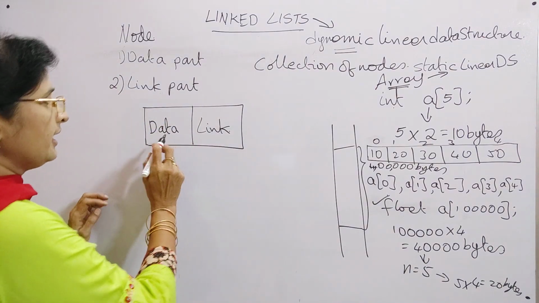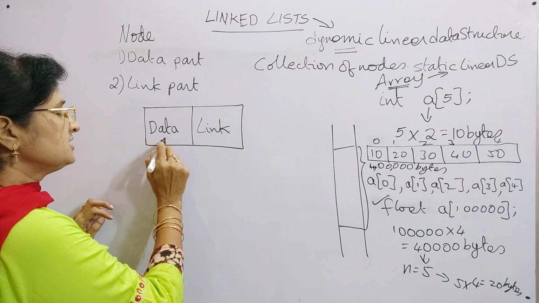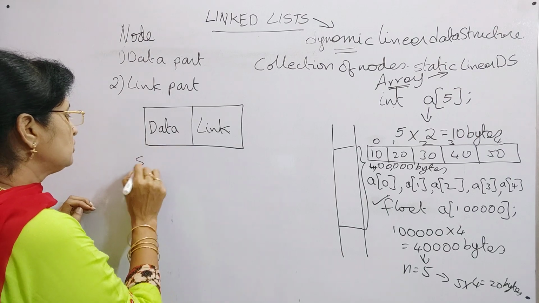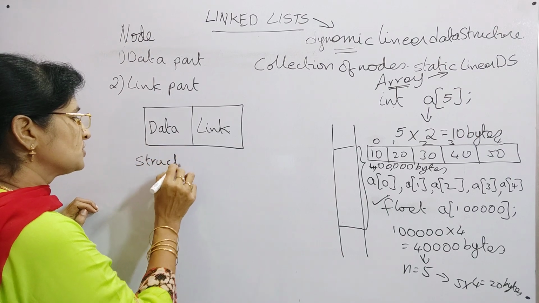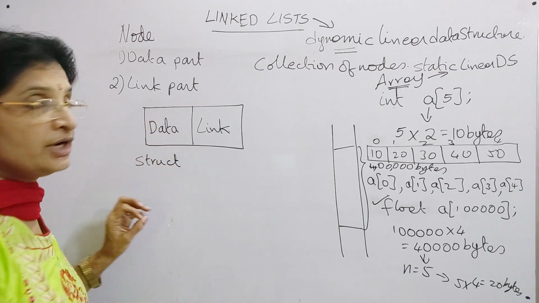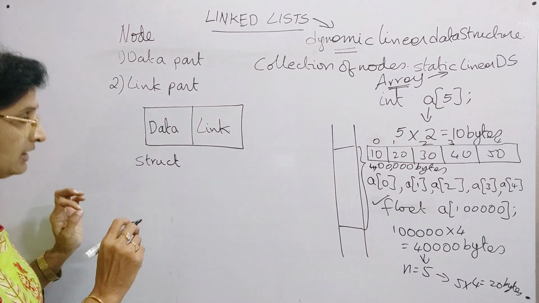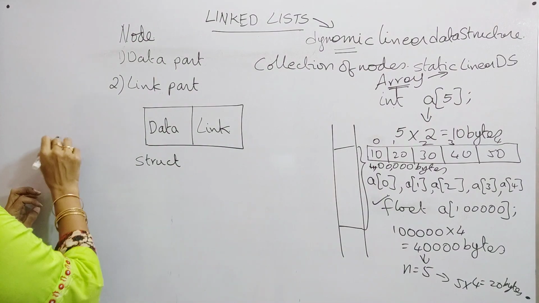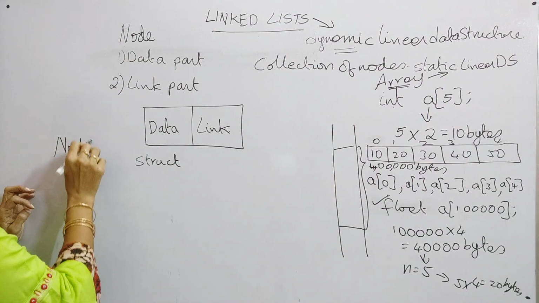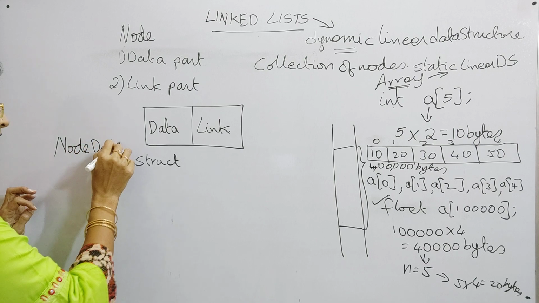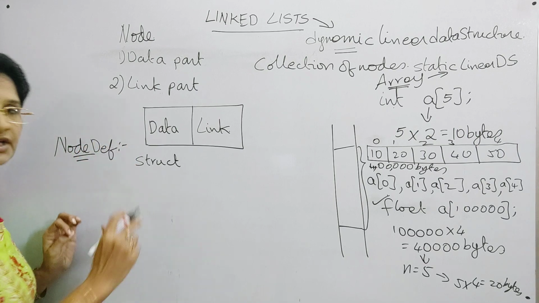For example here, if this data part is an integer, how can you give the structure? In order to define a node, I will give the node definition. So this is the node definition.